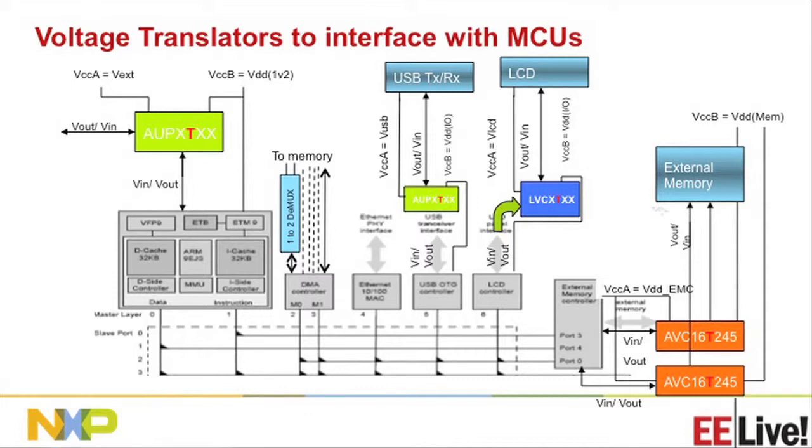In addition to level shifting, for example, in your design, if you're missing one GPIO, you need 8 to access the memory, but you only have 7 coming out of the microcontroller. You could put a 1 to 2 demultiplexer and get one more line accessing the memory, and this is also a glue in your design there.